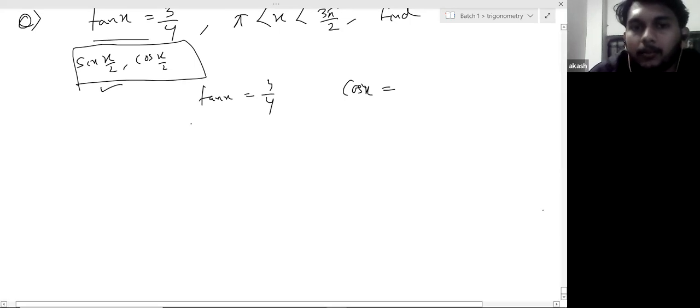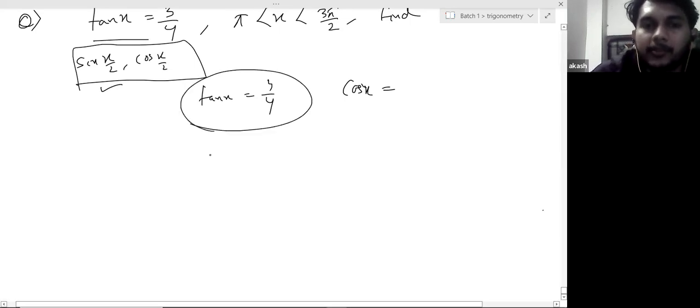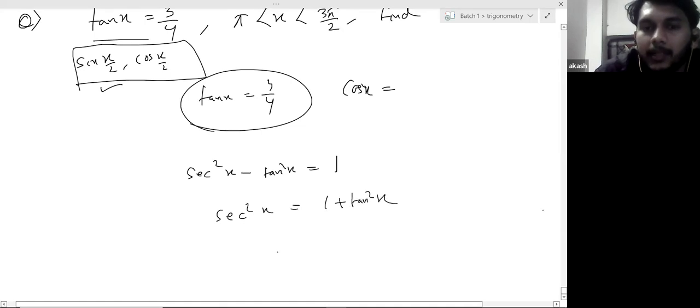All right. So how to find cos x from tan x? We know that sec square x minus tan square x is 1. So from here we can write sec square x equals 1 plus 9/16. So sec will be under root this, right?